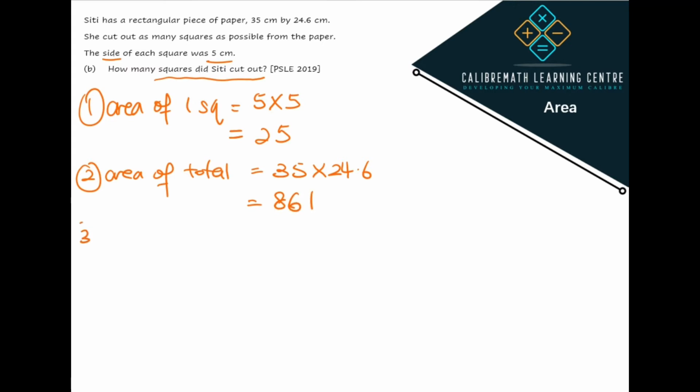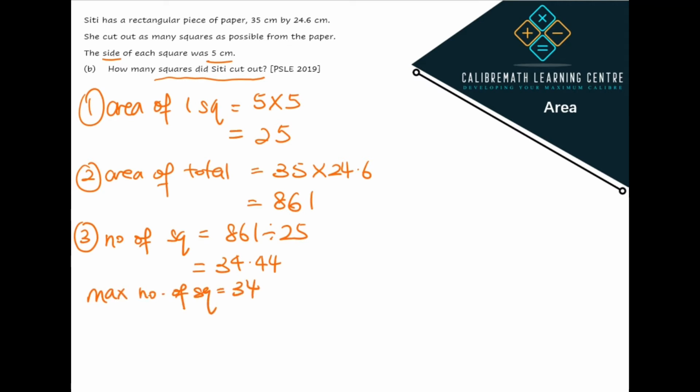And then afterwards, you can find the number of squares by using 861 divided by 25, and that gives you 34.44, and so your maximum number of squares is 34.